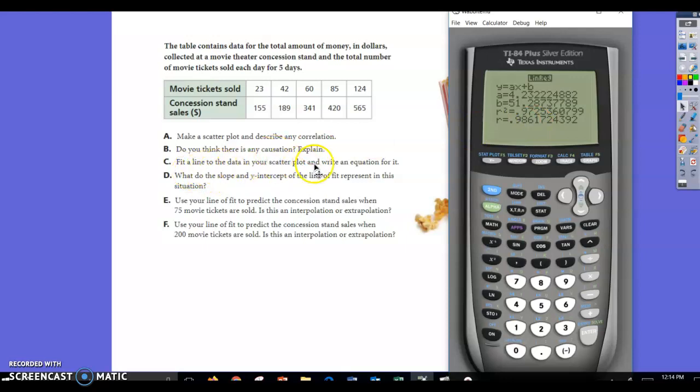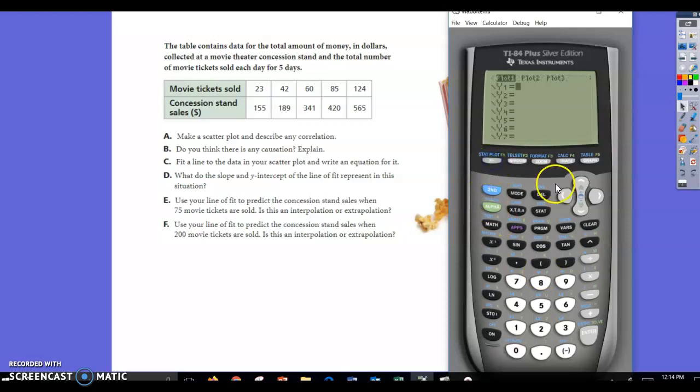So when it says fit a line, I can take this line and go to y equals, and then do the same thing again, calculate, VARS, number 5, statistics, go over to equation.